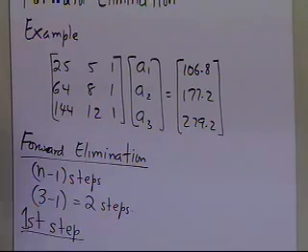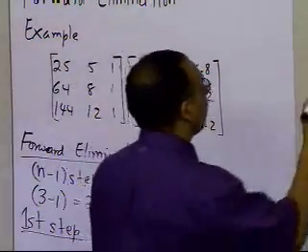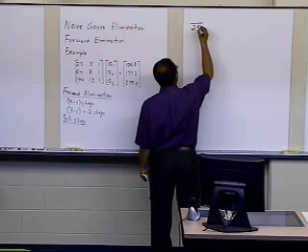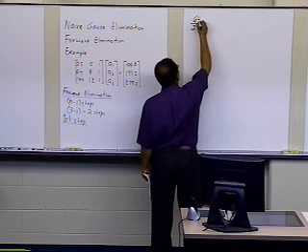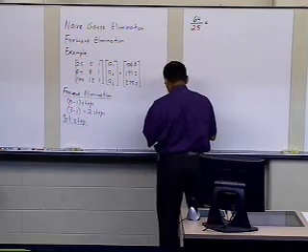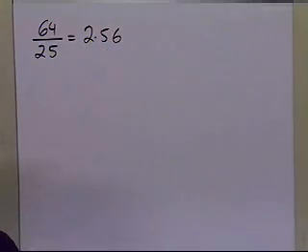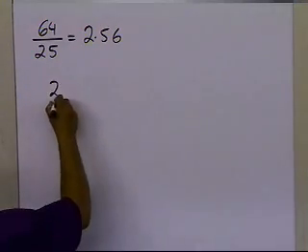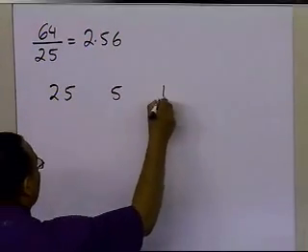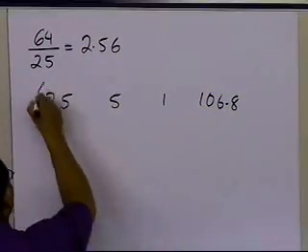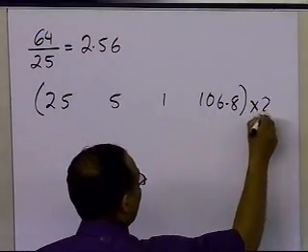And let's go and see what that means. Let's suppose we're looking at row number 2, we're going to divide by 25, multiply by 64. So that gives me a multiplier of 2.56. What that means is the first row which I have, which is 25, 5, 1, 106.8, I'm going to multiply this by 2.56.